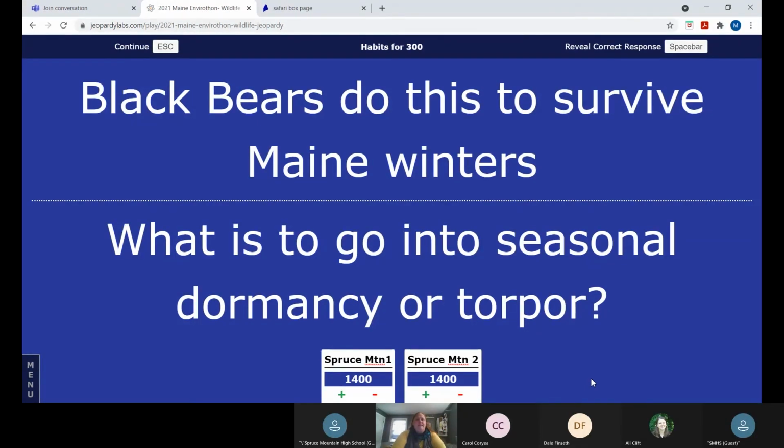I relate it to my teenagers on a Saturday morning when I want them to get up to do chores at 9 and they stumble around and run into things. And I think it's interesting because in the world of biologists, this has been debated for decades, but they're actually not, they don't hibernate per se.